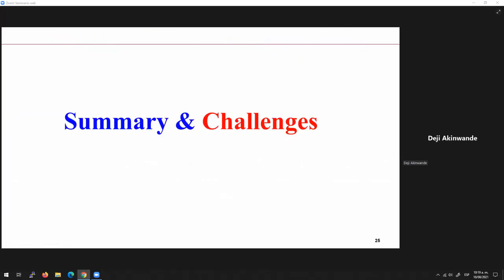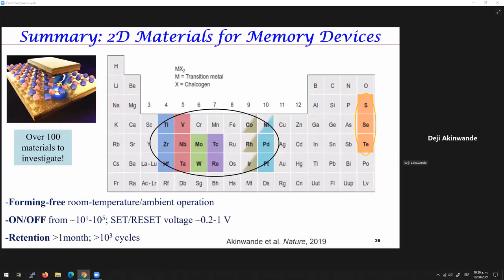I will now move on to wrap up this presentation with a summary and a highlight of the pressing challenges. I've only shown about 5 materials, 4 TMDs and HBN that feature memory effect, but in fact, as I mentioned, there are hundreds of non-conductive two-dimensional materials, so there's a lot of opportunity for material science, research, and physics.